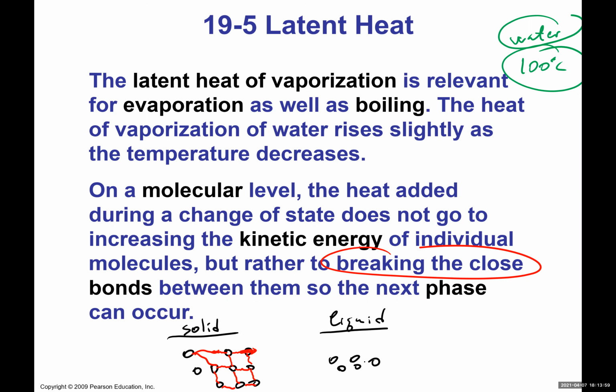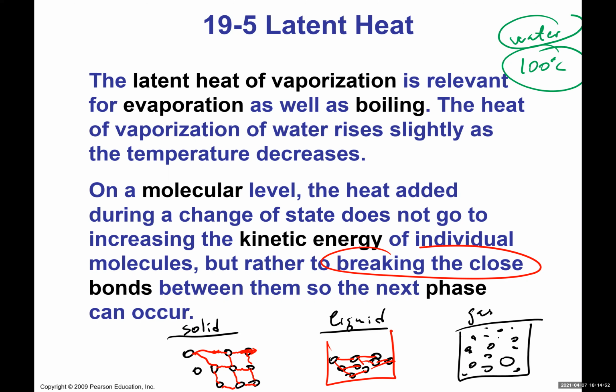And if I add even more energy, then they will start moving even faster relative to one another, and they can break away from those strings as well. So in a gas form, you can think of those molecules as completely free from one another, moving far apart in random directions.